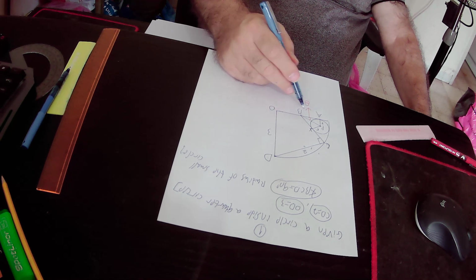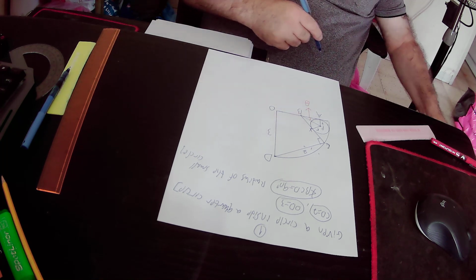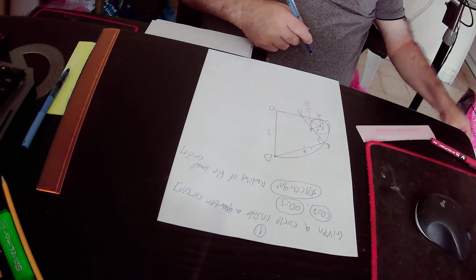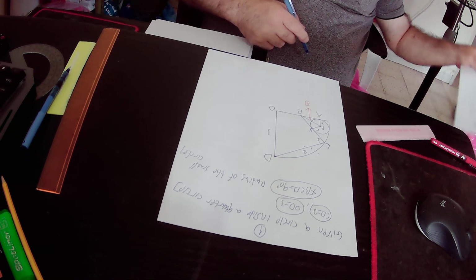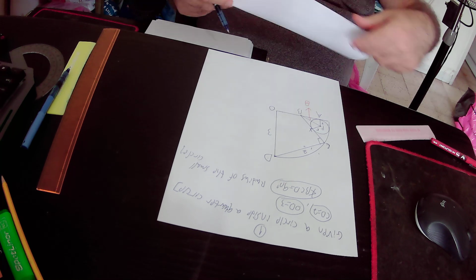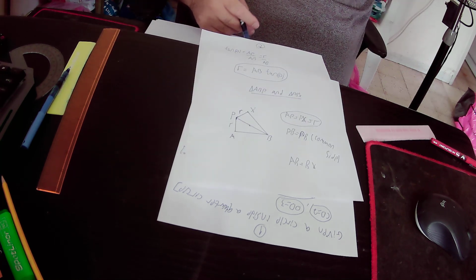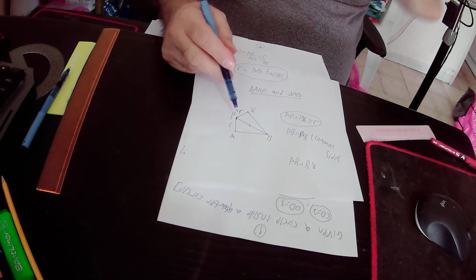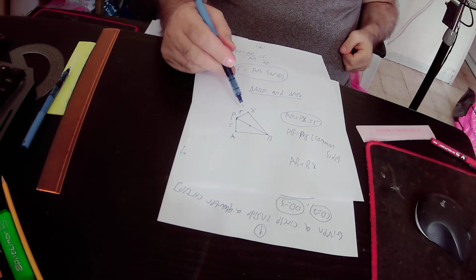That is to say AB equals BX. Okay, AB equals BX. So actually we proved that all the sides of triangle ABP are equal to all the sides of triangle PBX.